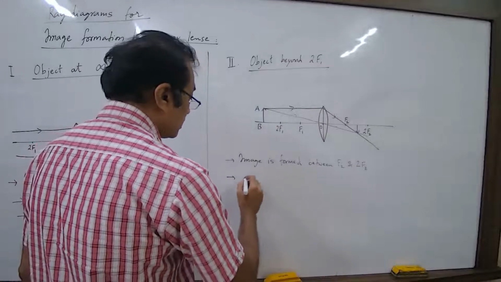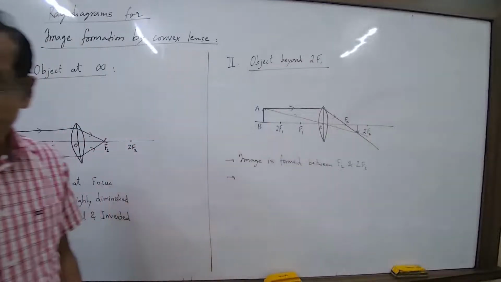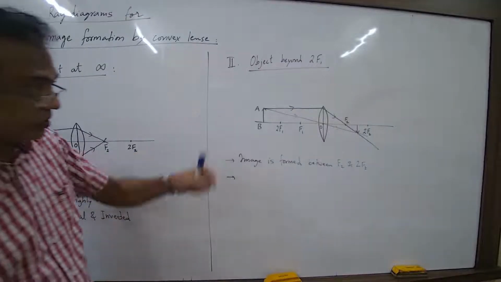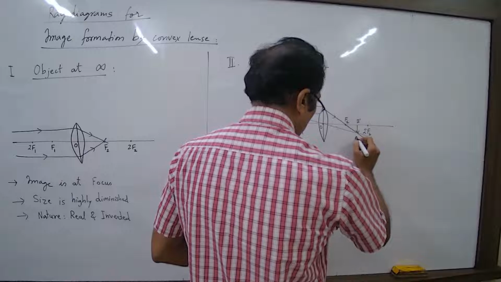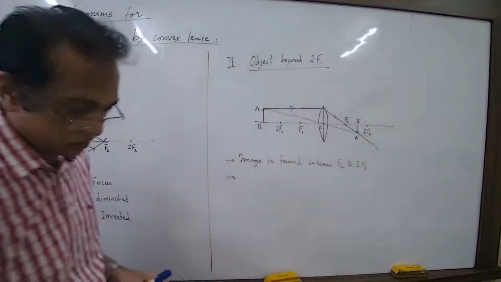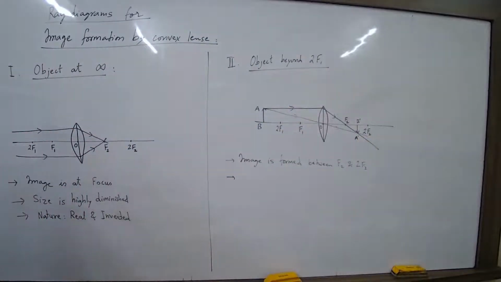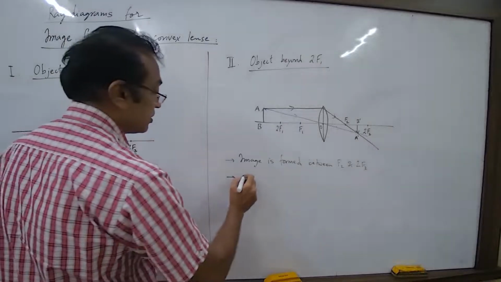So what is the size? What is the size of the image? Smaller than the object. So diminished. Whenever it is smaller than the object, we say diminished.